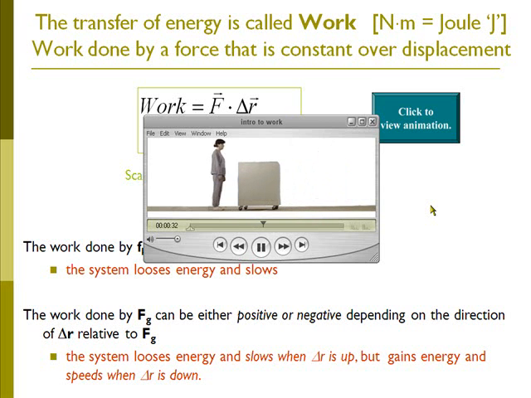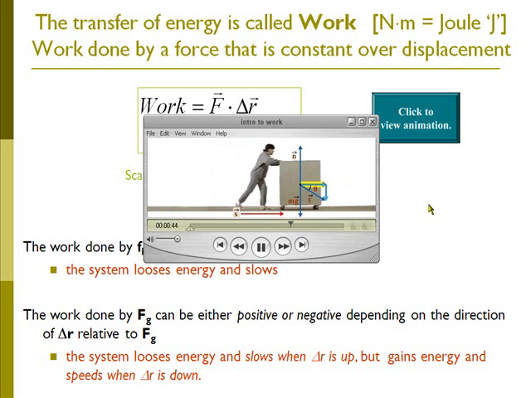If the box is pushed so that the force is parallel to the direction of travel, then all of the applied force does work. When the person pushes the box at a diagonal, the component of force that does work is F cosine theta, where theta is the angle between the force and displacement vectors.